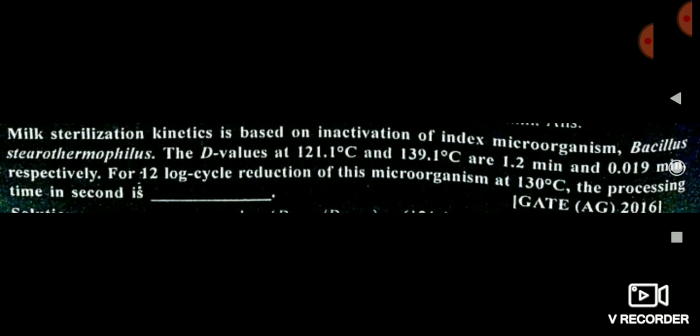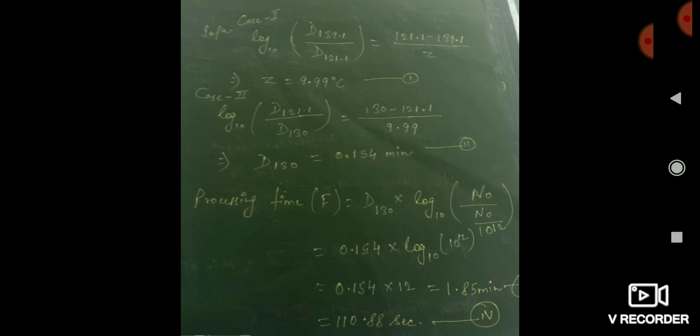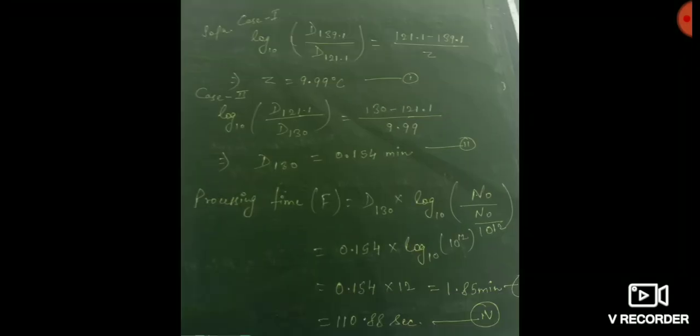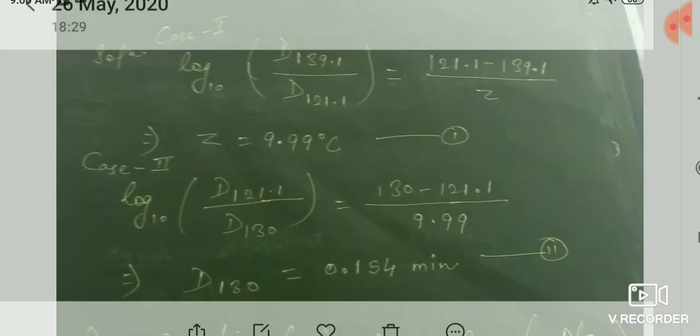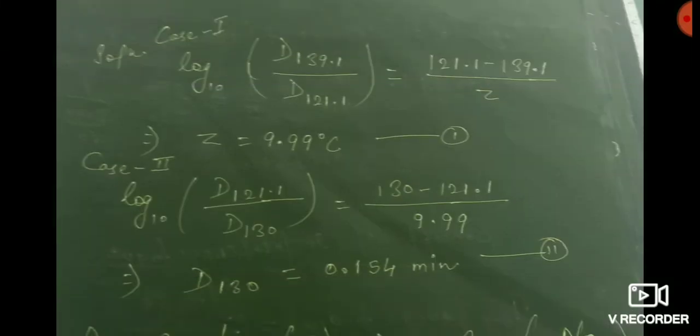Friends, in this question two D values are given at two temperatures. Means the first thing we have to do, we should calculate the Z value.